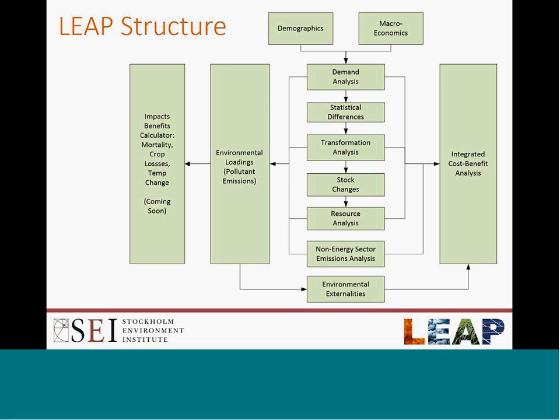So there you'll be thinking about things like households, industry, transport, commercial sector, agriculture, those kinds of things. You're looking at what the sectors look like, what kind of activities are going on, and what energy requirements are needed to produce those activities. So for example, in households, you might be looking at things like cooking, lighting, heating, space cooling, those kinds of things.